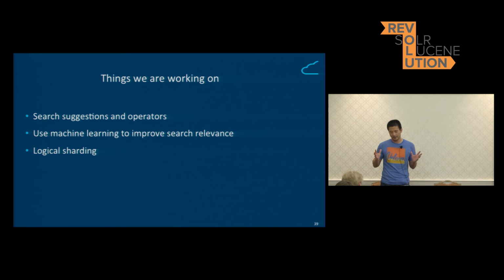We want to store a certain enterprise's content in a subset of the shards, so that at search time you only search a subset of the shards instead of the entire search cluster. And of course, while the enterprise is growing, we have to automatically increase the subset so that their search response does not degrade.